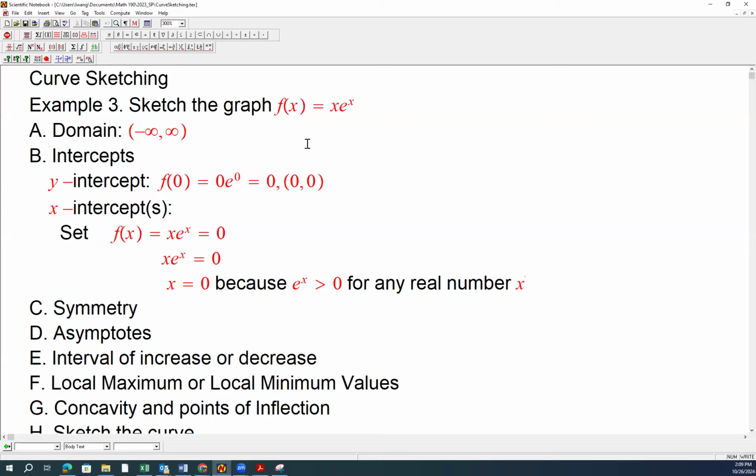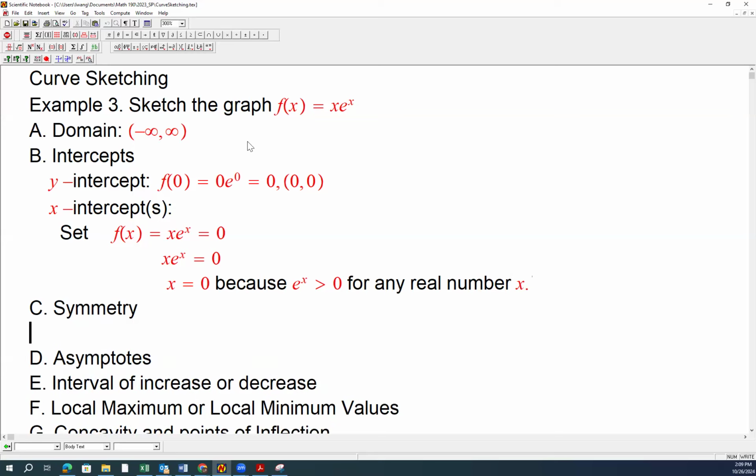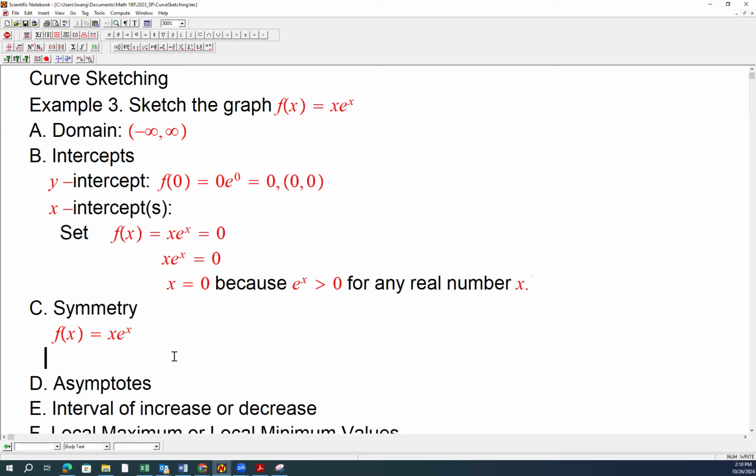All right, we've done the easy part. Let's look at symmetry. Symmetry typically can be found by checking whether the function is an even function or an odd function, right? So we're going to start with f of negative x. We have f of x and we have f of negative x, with x replaced by negative x.